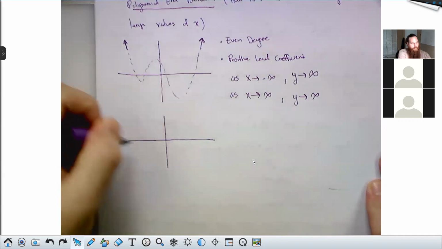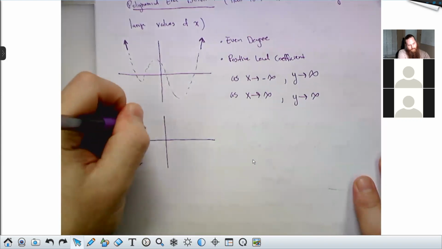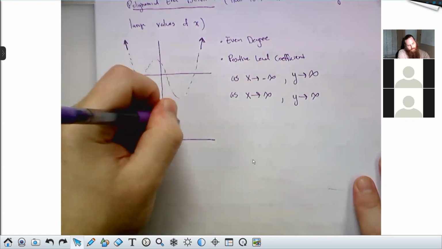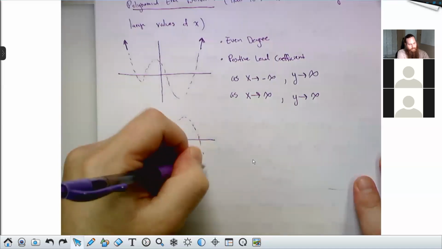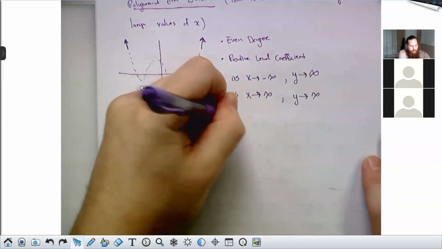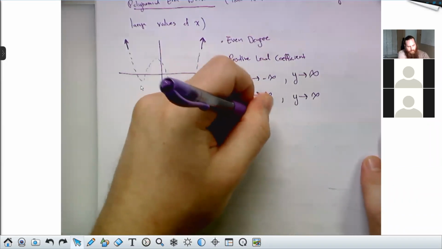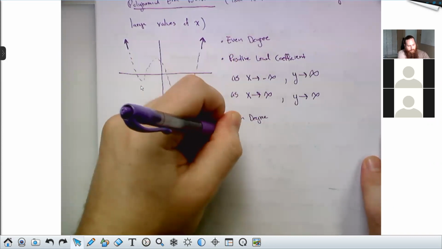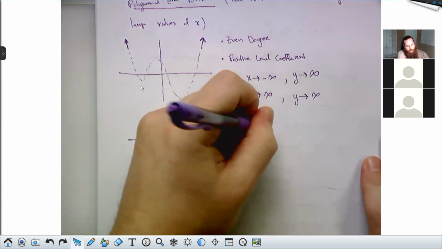If you have an even degree and a negative lead coefficient, again, I can't say what happens in the middle, but I can say that the end behavior picture has to be flipped over. So this is the picture that corresponds with even degree and a negative lead coefficient.